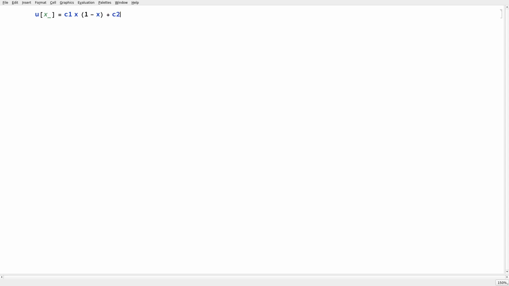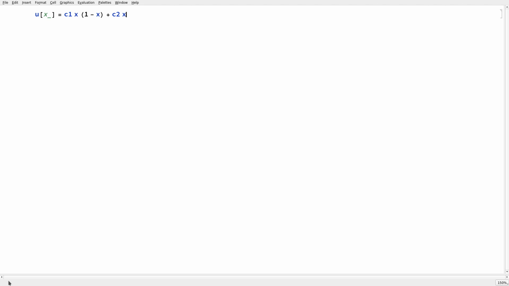Plus C2 x squared (1 minus x) plus C3 x cubed (1 minus x). Okay.